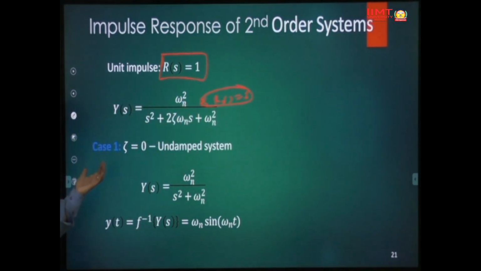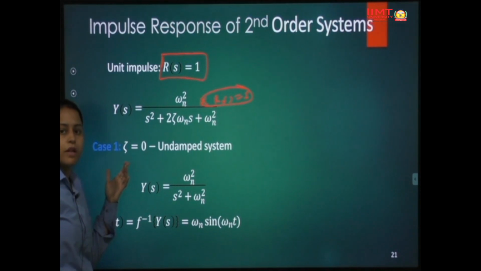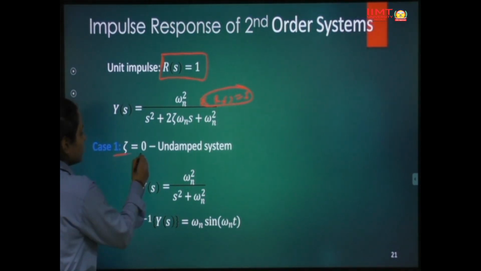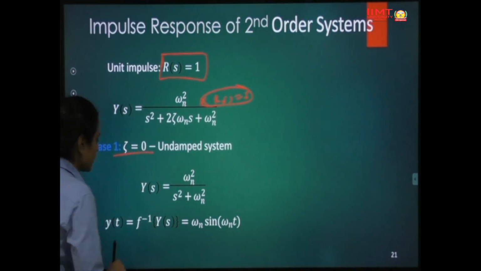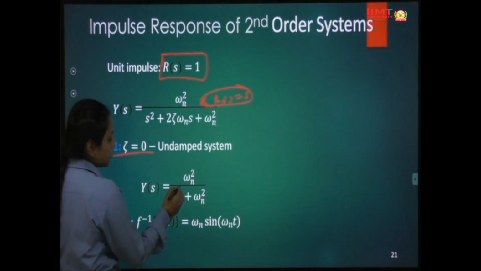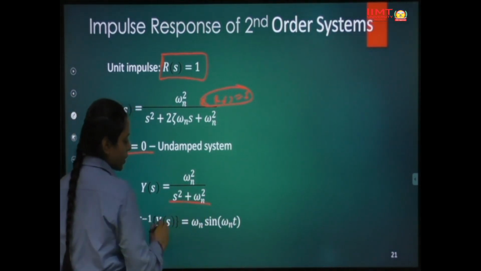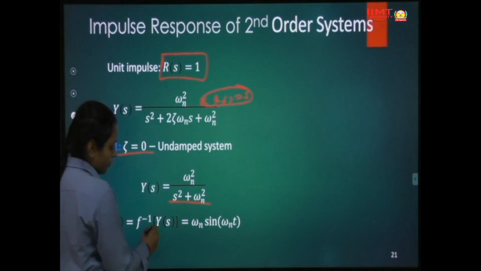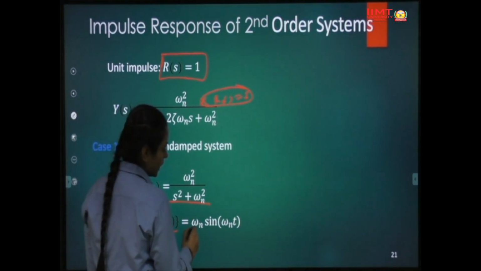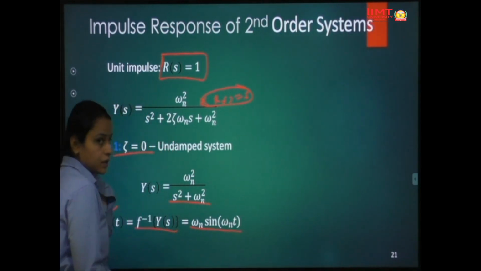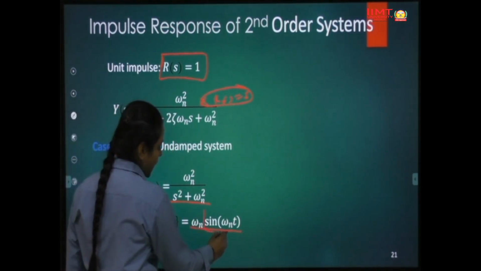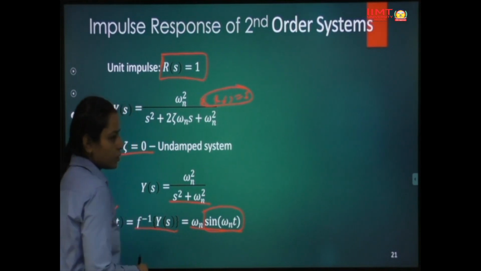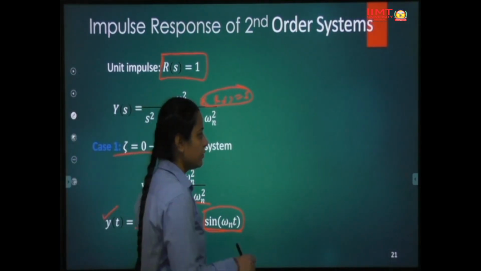So let's consider all the cases for values of zeta. When zeta is equal to 0, it is called the undamped system. So what we get is Y(s) equal to omega n square upon s square plus omega n square. If we take the inverse Laplace transform, we get y(t) equal to omega n sin omega n t. So with sin omega n t, even at infinity it would oscillate as a sinusoidal wave.